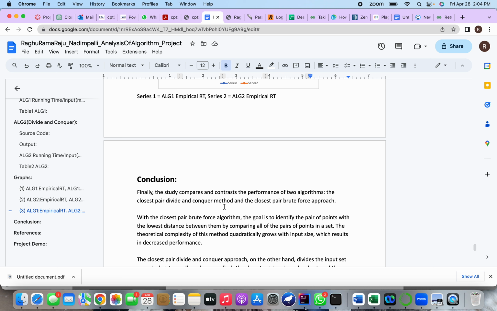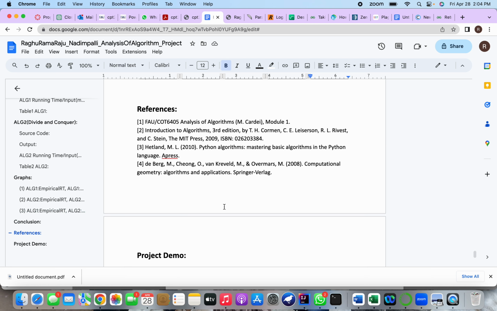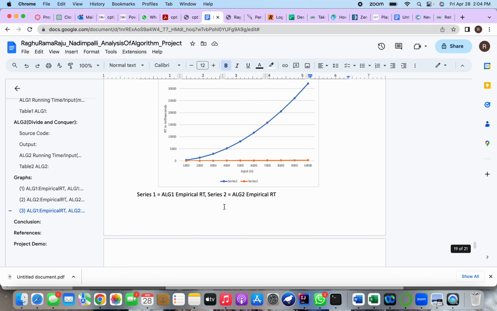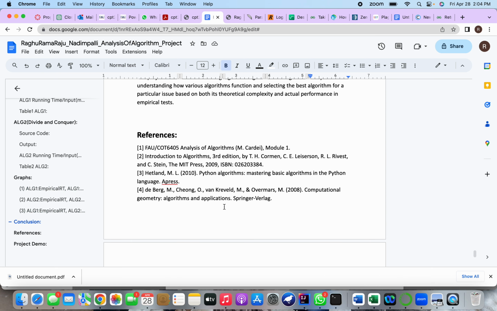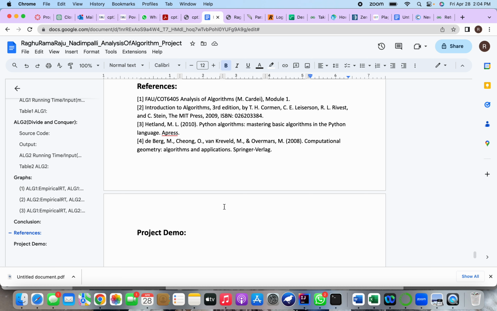Efficient algorithms such as the divide and conquer method make it possible to solve the problem for large sets of points efficiently, opening up new possibilities in fields such as robotics, mappings, and image processing. So that's my conclusion and my summary for this project.